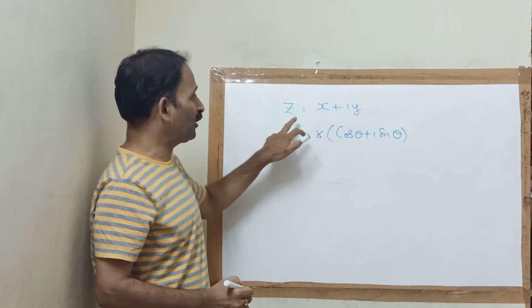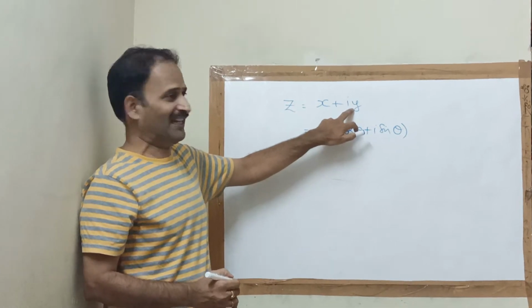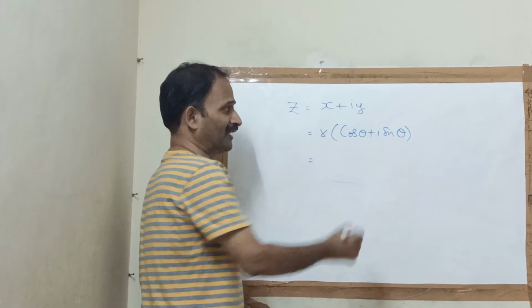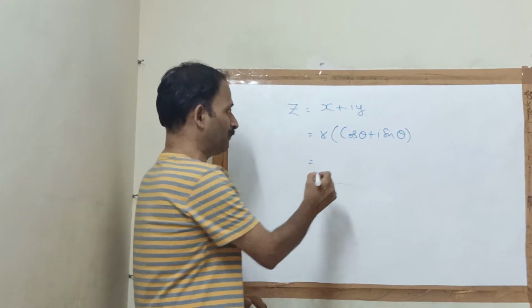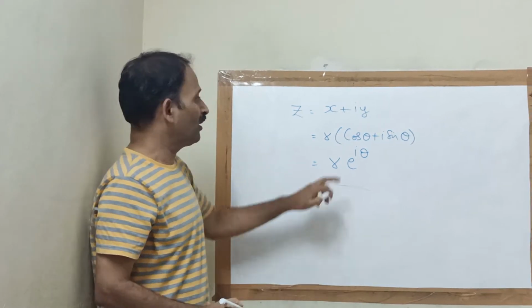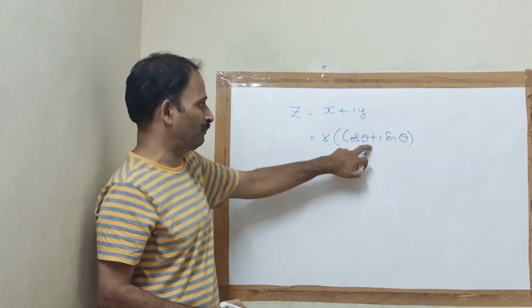Theta is the argument or amplitude of this complex number x plus iy. This r into cos theta plus i sin theta can be represented as r into e power i theta. This is called Euler representation or exponential form of a complex number.